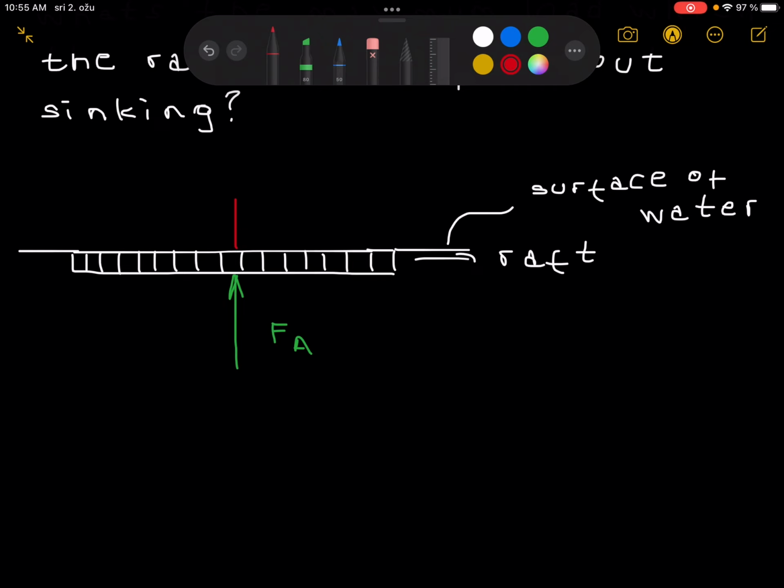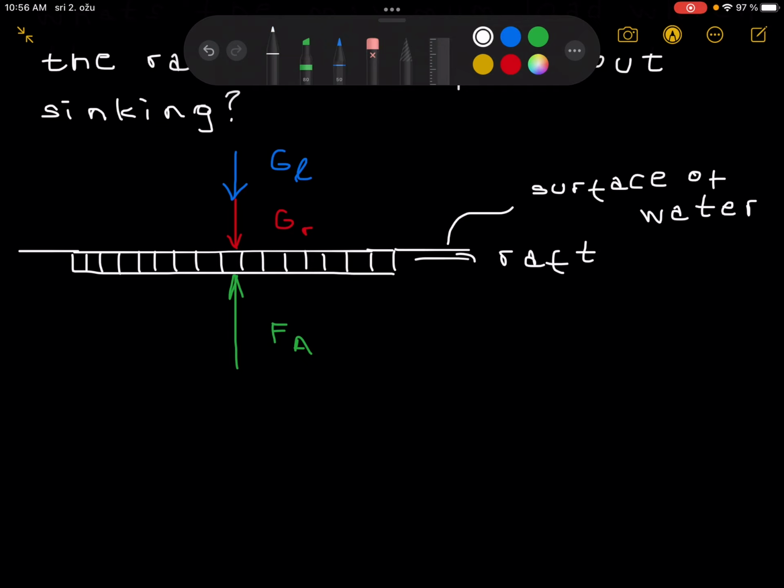So this is the first one, and this is the second one. This red force is going to be the weight G of the raft, and this force is going to be the weight of the load. I'm just going to call it GL.